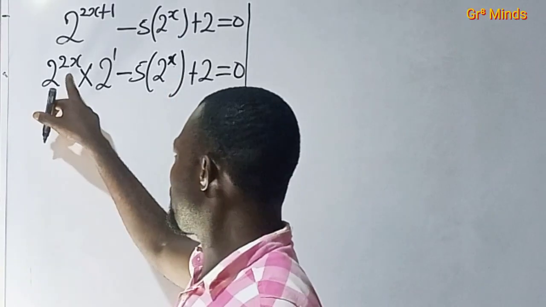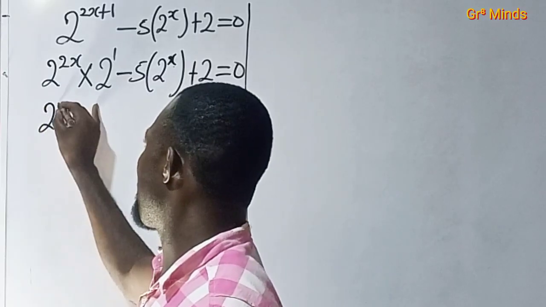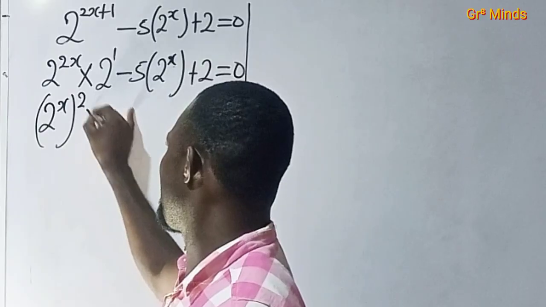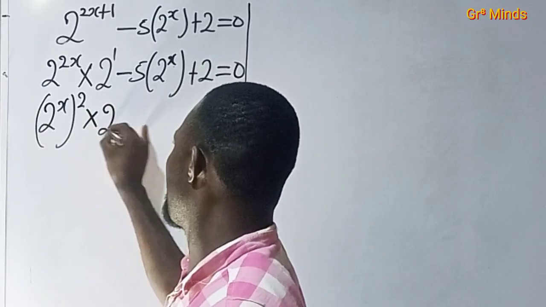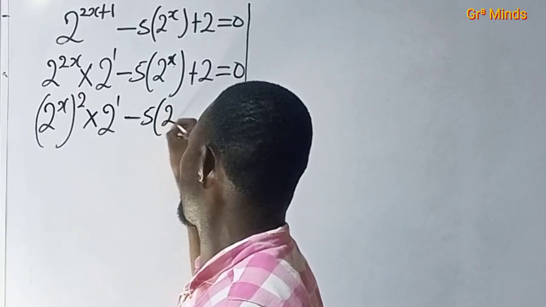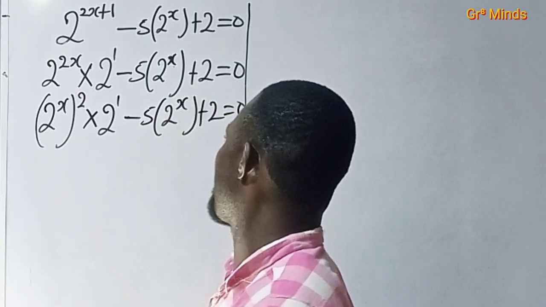Now, this particular term can be written as 2 raised to the power of x, then raised to the power of 2, multiplied by 2 raised to the power of 1, minus 5 into 2 raised to the power of x, plus 2 equals 0.